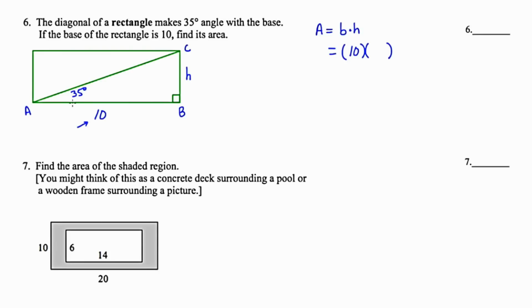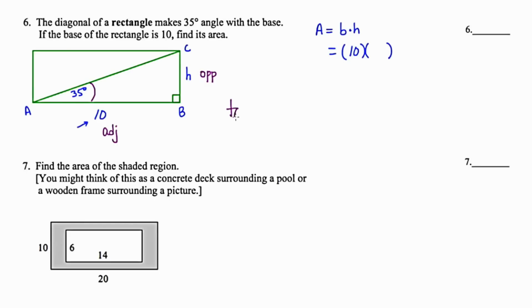If I call this angle 35 my reference angle and I mark it as such, then this side across from it would be known as the opposite side, and the side that's marked as 10 would be the adjacent side. So the question becomes, which of the three basic trig ratios involves opposite and adjacent? And the answer to that is tangent.